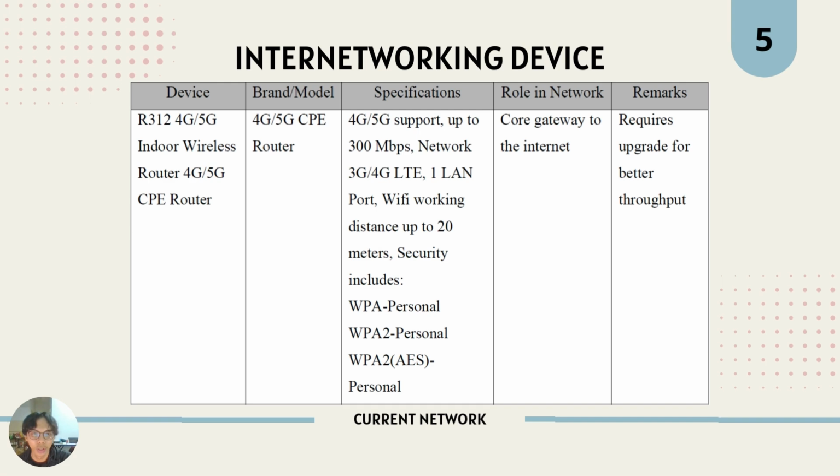Its working distance is up to 20 meters and it provides security including WPA personal, WPA2 personal, and WPA2 AES personal. So as we all know, the role of the router is as the core gateway to the internet. And of course, this router needs an upgrade for better throughput.